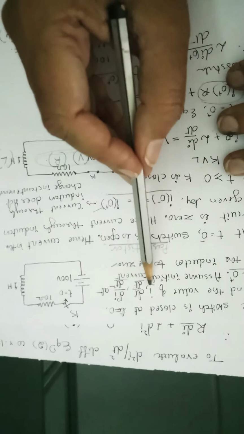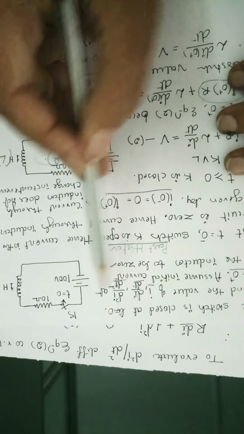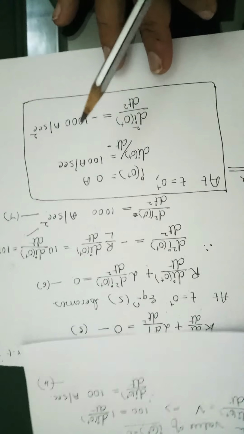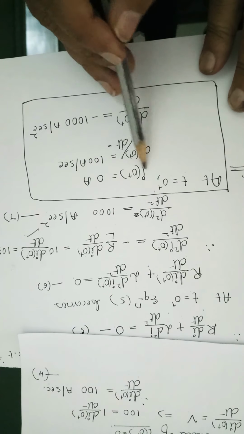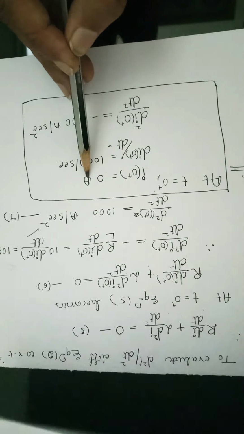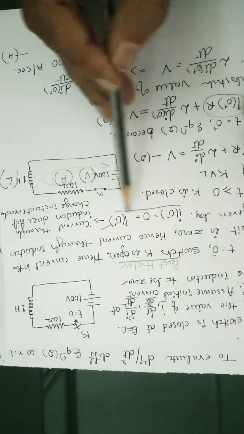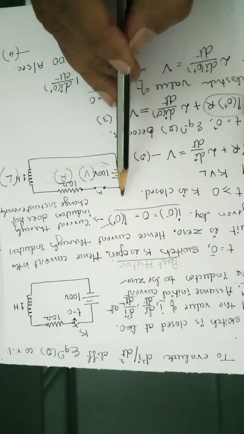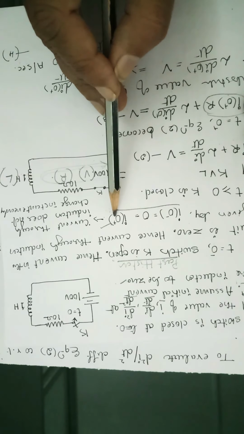What is the problem? We need to evaluate i, di/dt, d²i/dt² at 0 plus. Here is the complete solution. At 0 plus, i(0 plus) is 0, from the analysis of the past, that is reflected in the history analysis.